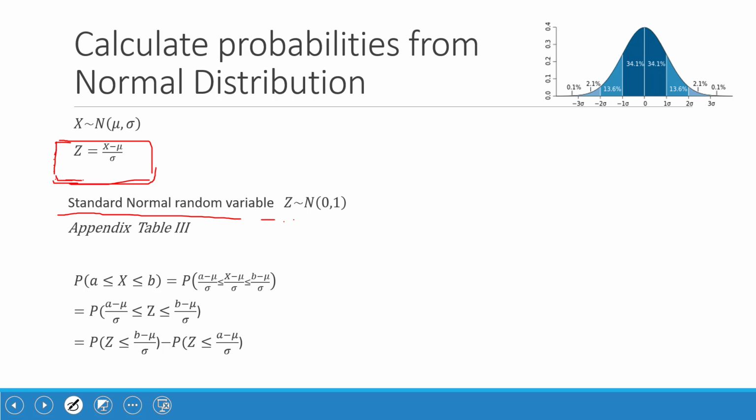So if X is a normal random variable with mean mu and standard deviation sigma, then subtracting the mean from each random variable value and dividing by the standard deviation, we end up with another random variable that has a normal 0, 1 distribution.